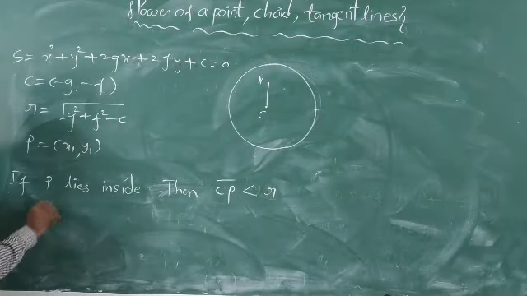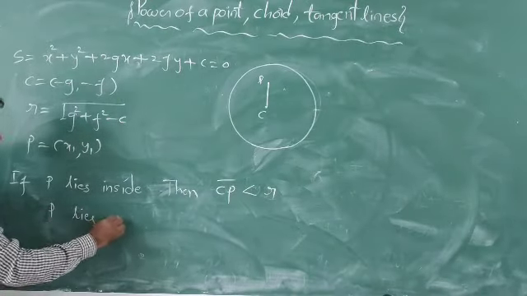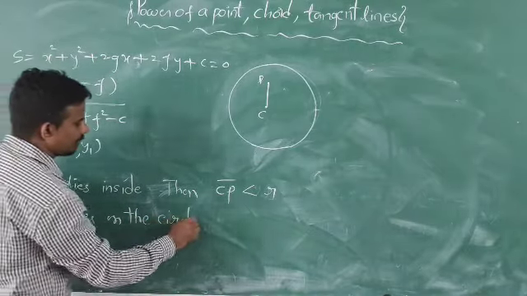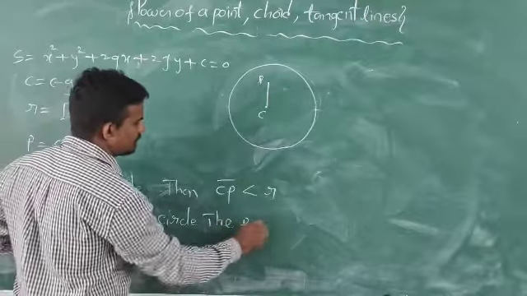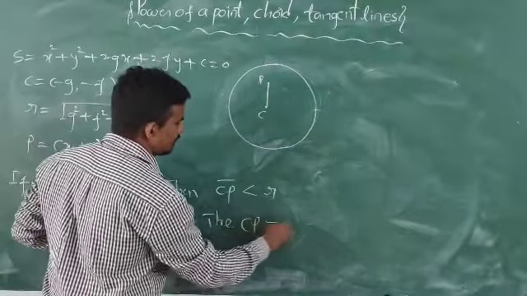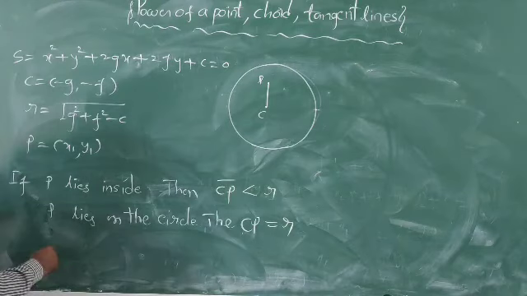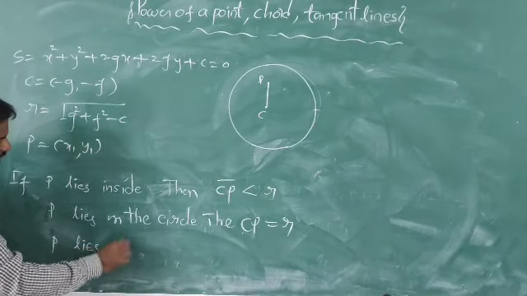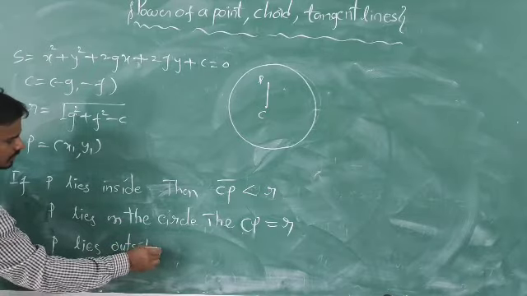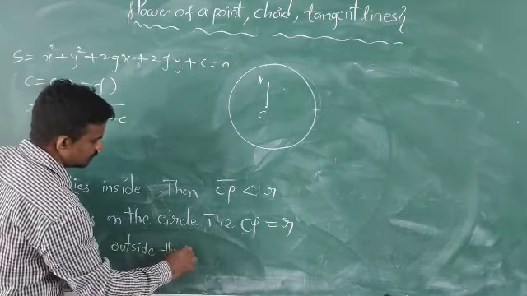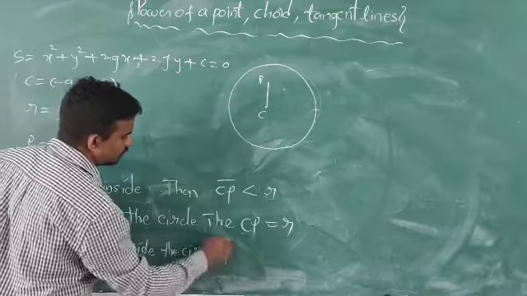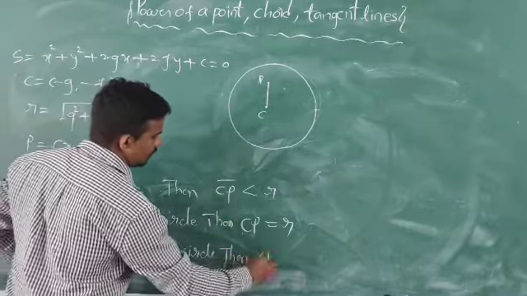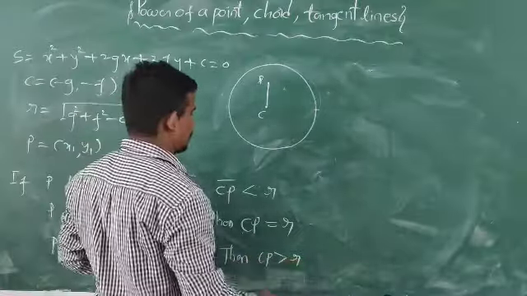If P lies on the circle, what happens? Then CP must be equal to its radius. And what happens when P lies outside the circle? Then CP is greater than R. Okay.